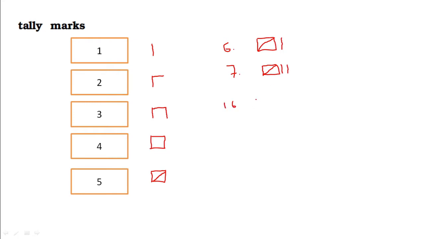How to represent 16? 5 plus 5, 10 plus 5, 15 plus 1, 16. So for representing 16, we make such kind of symbols. In these symbols, I can easily understand 10 plus 5, 15 plus 1, 16.